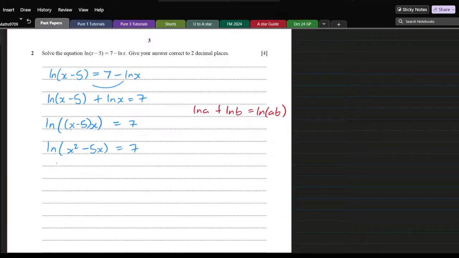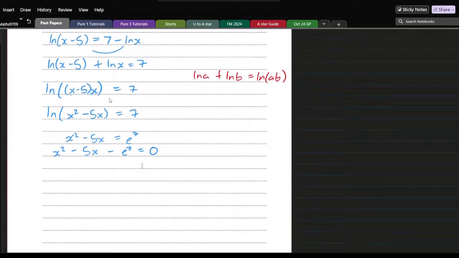And now to get rid of our natural logarithm, we're going to apply the exponential function to both sides. So this becomes x squared minus 5x is equal to the exponential of 7. Alright, let's move everything to one side. So that's x squared minus 5x minus e to the 7, which is equal to 0.